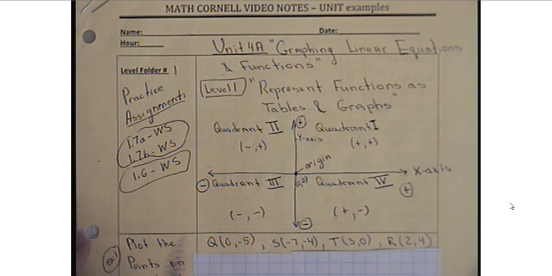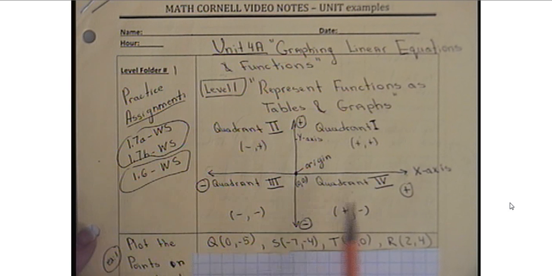If we have a point with x coordinate negative and y coordinate positive, that means the point will be located in quadrant 2. If we have another point where both of the coordinates are negative numbers, then the point will be somewhere in quadrant 3.